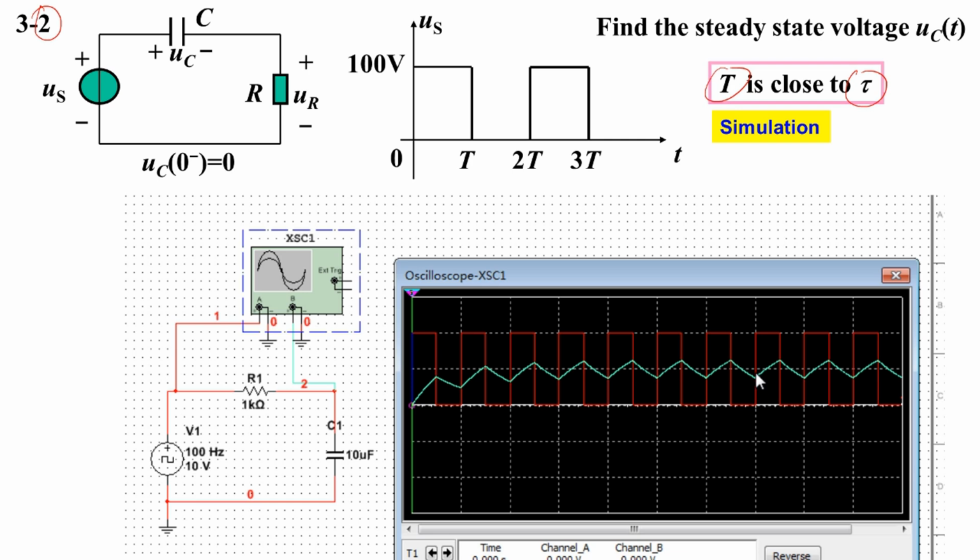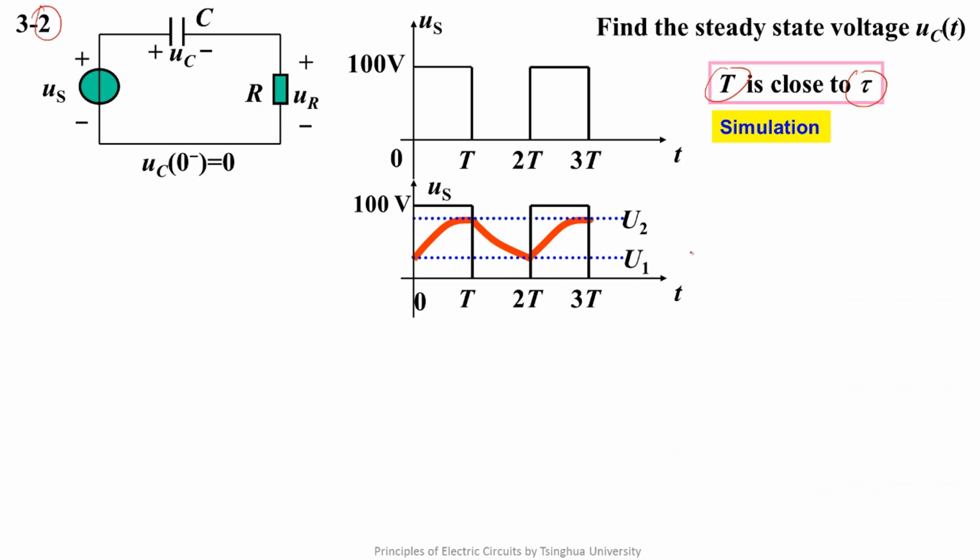What's this steady state? Suppose this is a start point of steady state. From one value, the capacitor is charged to some other value for half a cycle. After that, it's discharged to the same value as the start point. After another half cycle, similarly, it can also be seen as discharged to some value during its first half cycle, and charged to the same value during the second half cycle.